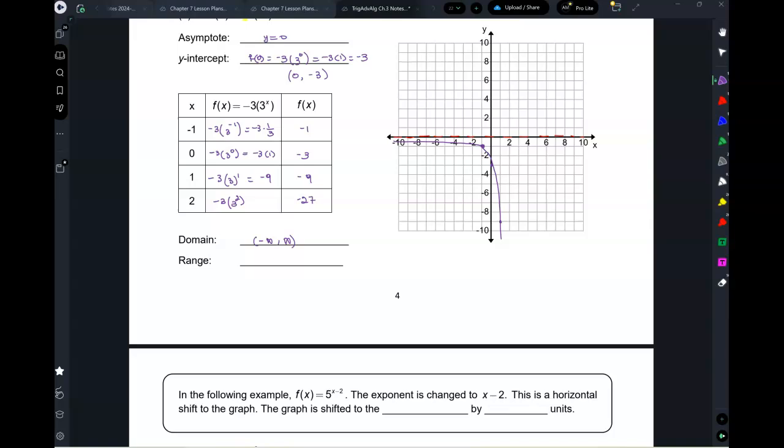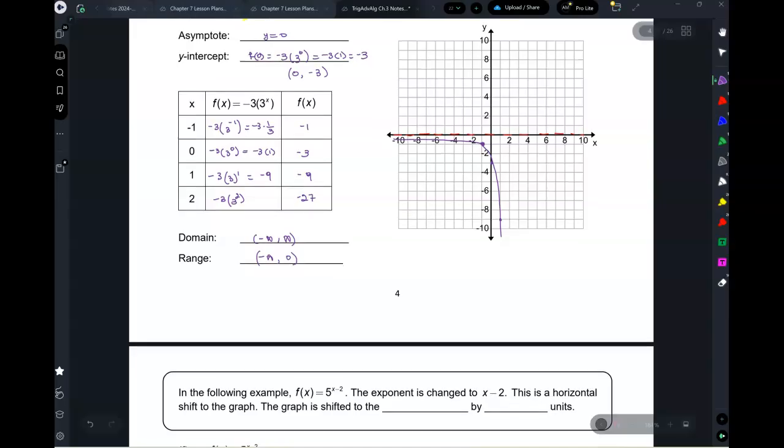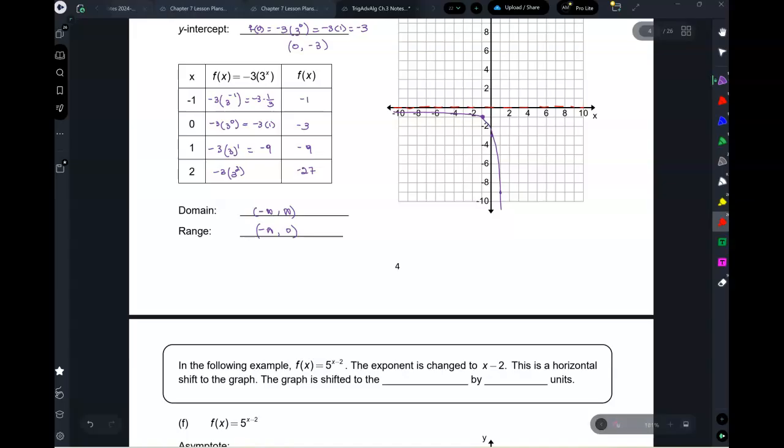The range now goes from negative infinity to 0. All right, awesome. So remember, always put the negative infinity first, then 0. So you always have to go from the smaller valued number to the bigger valued number, okay?